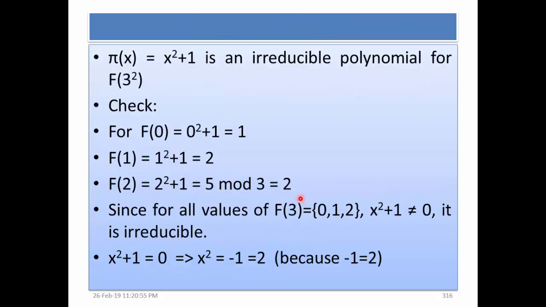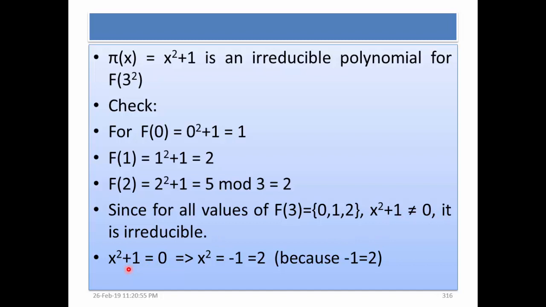For GF of 3 squared we use the irreducible polynomial x square plus 1. If we check this one for x in 0, 1, 2, then we get that 0 square plus 1 is equal to 1, 1 square plus 1 is equal to 2, and 2 square plus 1 is equal to 2. Since for all values of x, x square plus 1 is not equal to 0, it is irreducible.